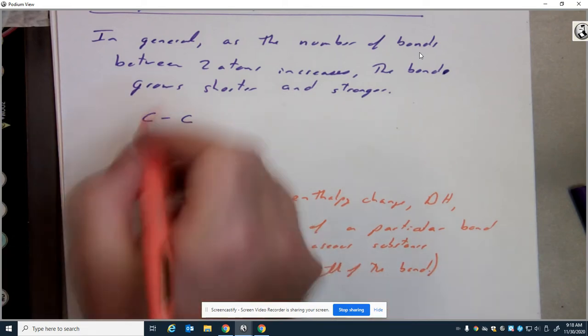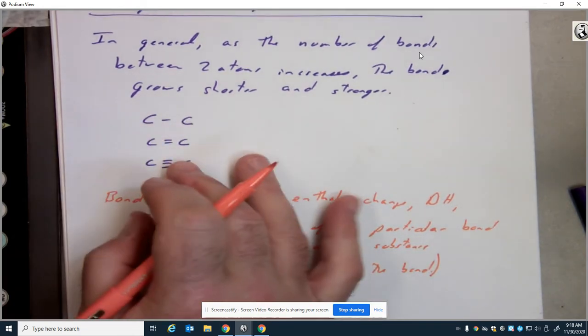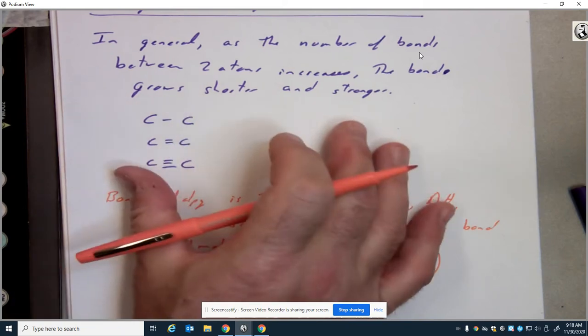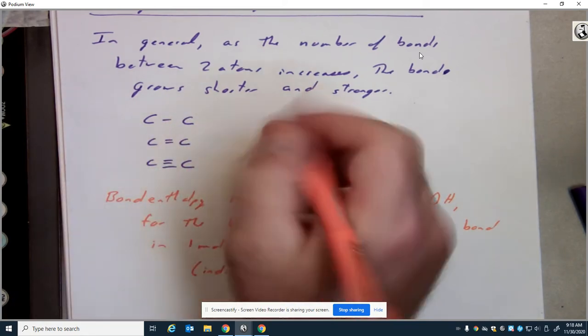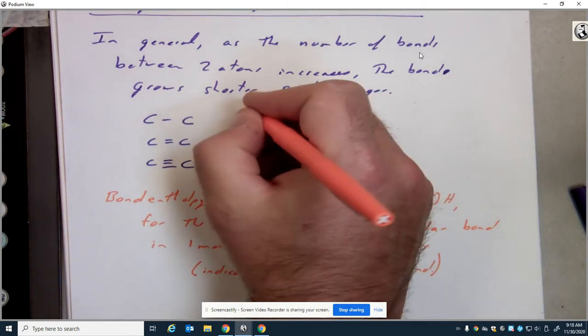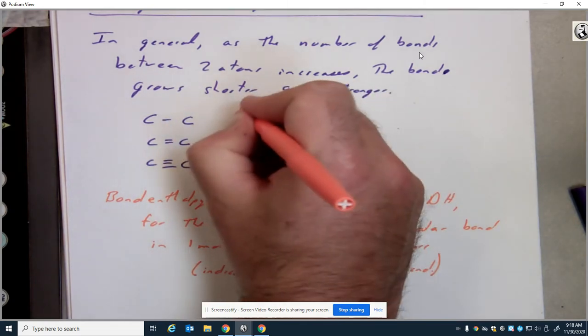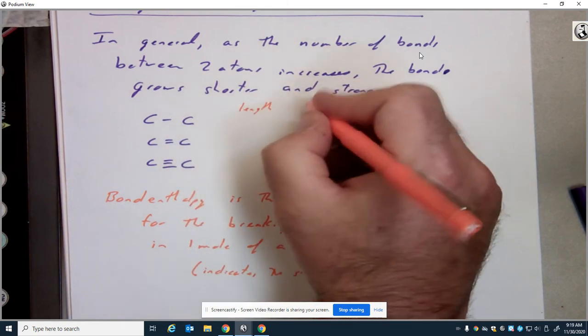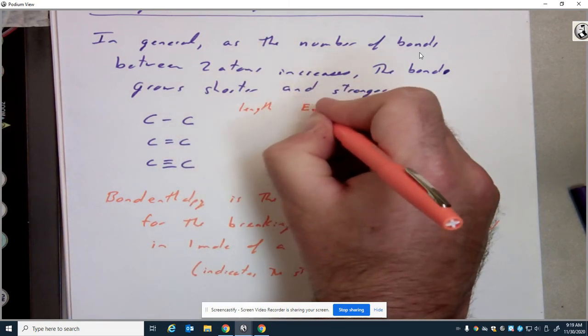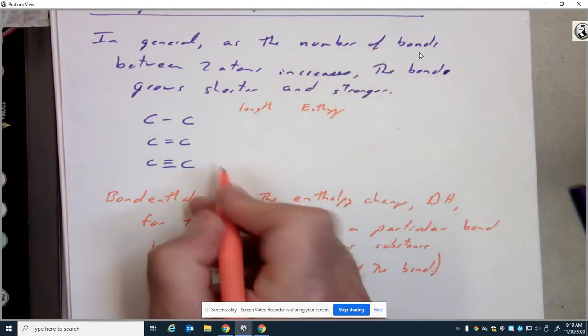So what I want to do is come back up here and give you some numbers just so you can actually see what's happening as we go down this list. All right, so let's do length and enthalpy, which is our strength.